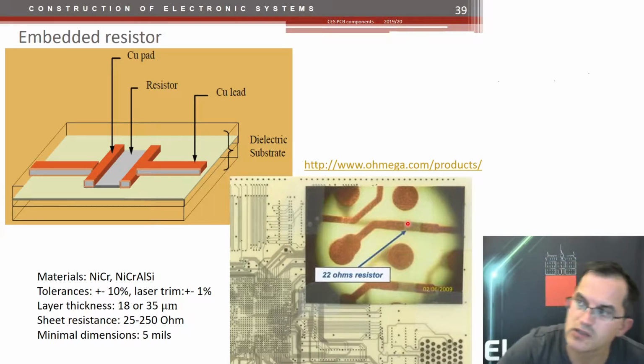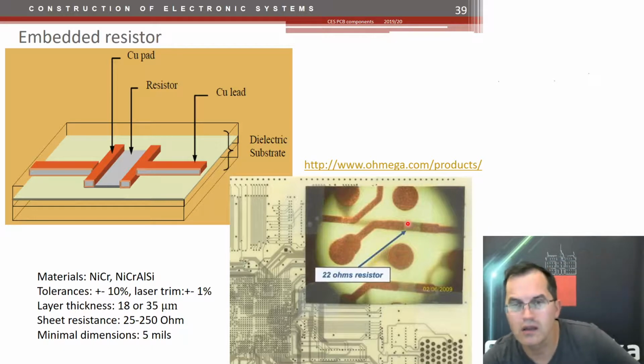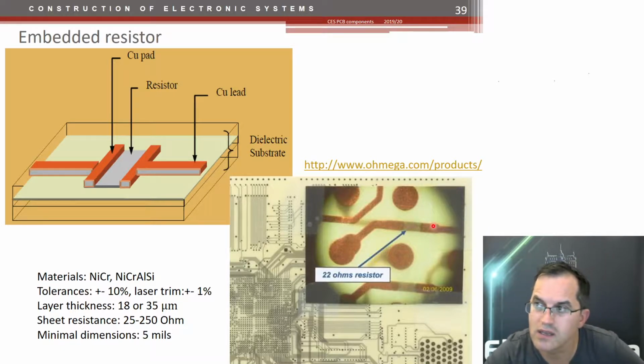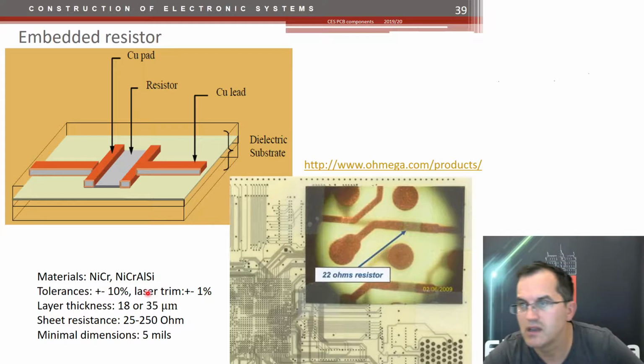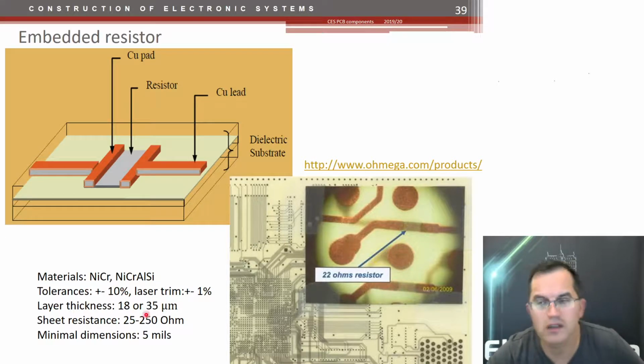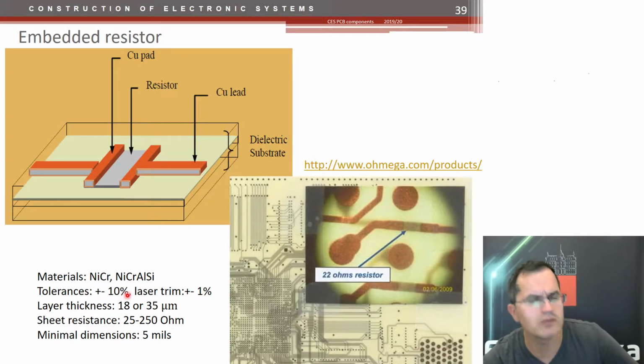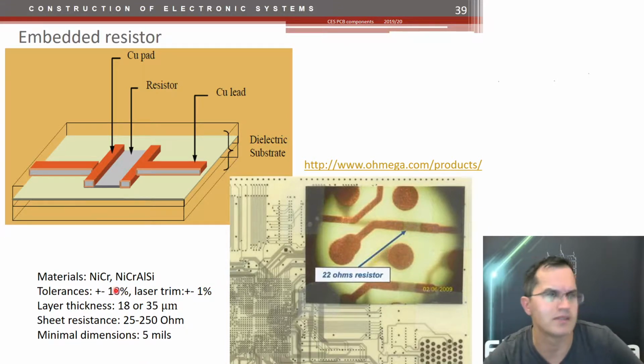And by that you actually reduce a lot of area because you don't need wires here, and it's directly on the inner layer. But the tolerances, if not controlled by some laser trimming, are more or less in the range of plus minus 10%, which for quite a lot of resistors, you would be surprised, is actually fine. You don't need better than 10%.